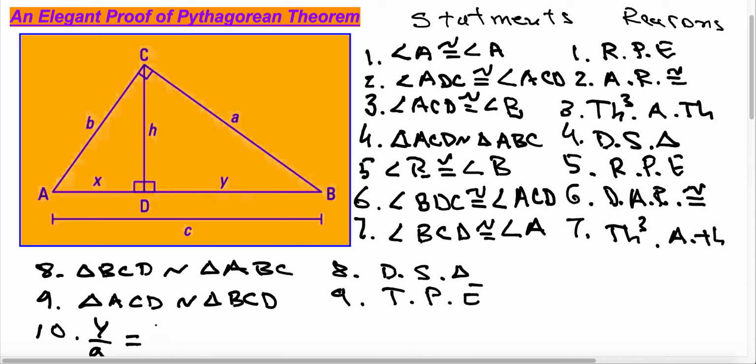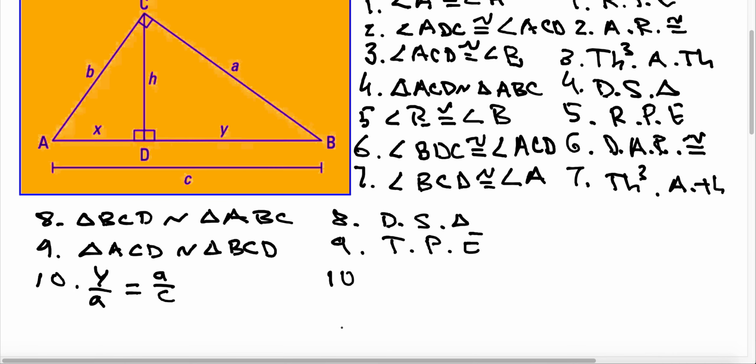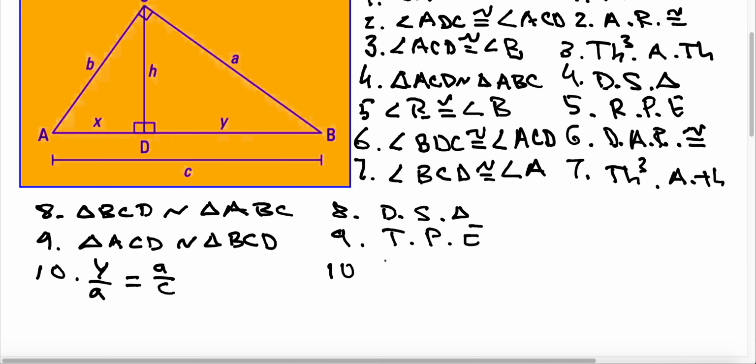So I am comparing now the sides of the medium triangle and the big triangle. And the reason I'm using this here is because similar triangles have proportional sides.